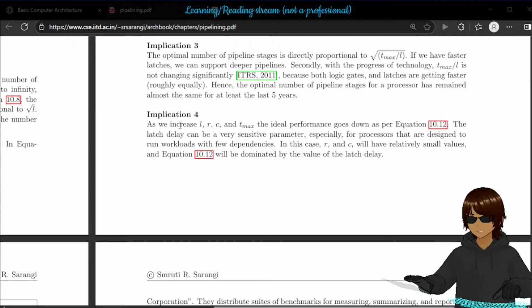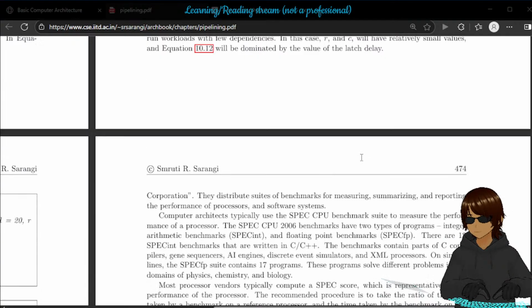As we increase L, R, C, and Tmax, the ideal performance goes down, as per equation 10.12. The latch delay can be a very sensitive parameter, especially for processors that are designed to run workloads with few dependencies. In this case, R and C will have relatively small values, and equation 10.12 will be dominated by the value of the latch delay.